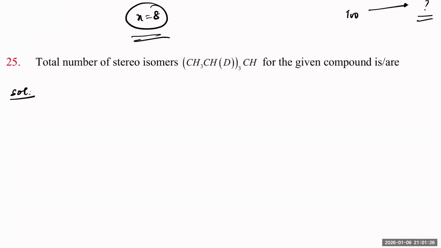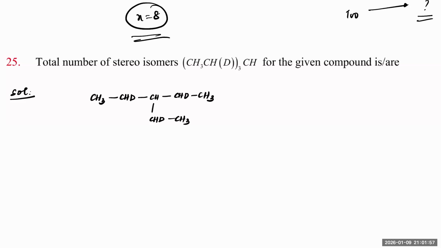See, we have CH3, then we have CH, CHD here. Like that, we have a total of three such groups. So CH, then we have CHD with CH3, and another CHD with CH3.